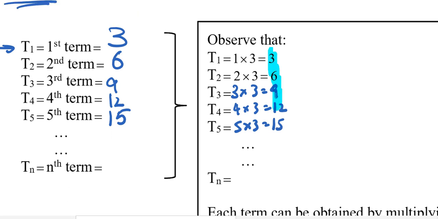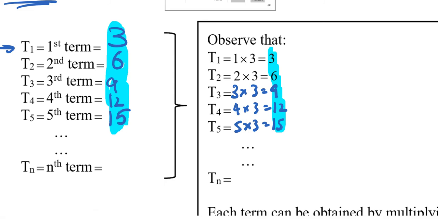I want you to see that 3, 6, 9, 12, 15 is actually this. Do you see that? Yes. This column 3, 6, 9, 12, 15 is actually this. So what is the in-between? This in-between is important, I will use red color.